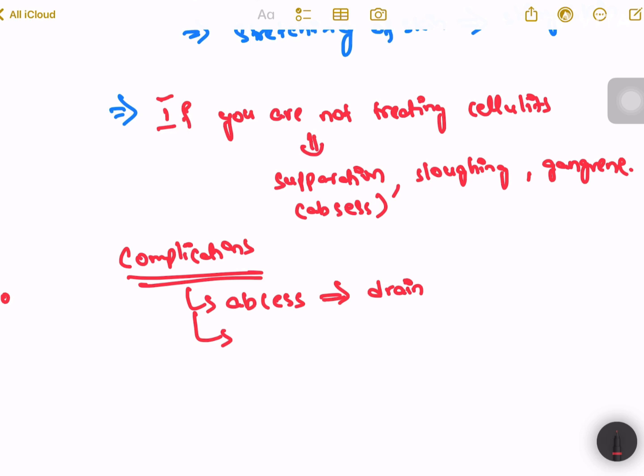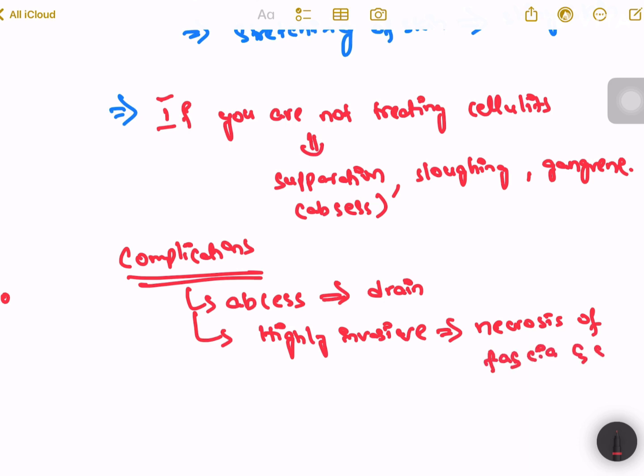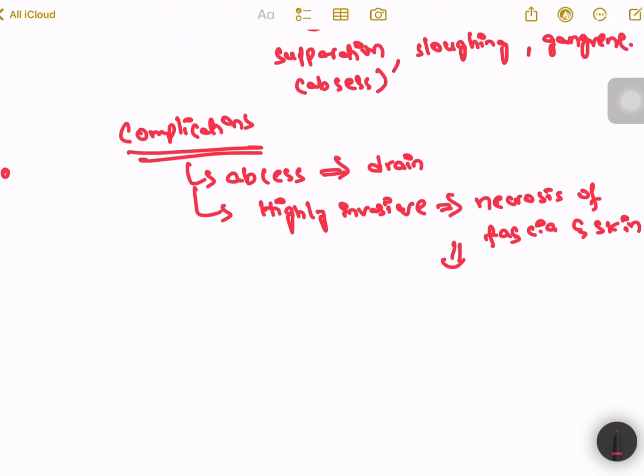Next, we already discussed highly invasive organisms or highly virulent organisms can cause necrosis of fascia and the skin, causing a condition called necrotizing fasciitis.